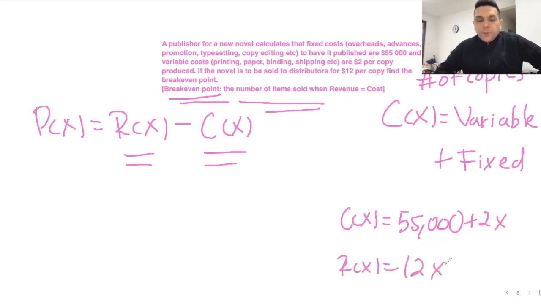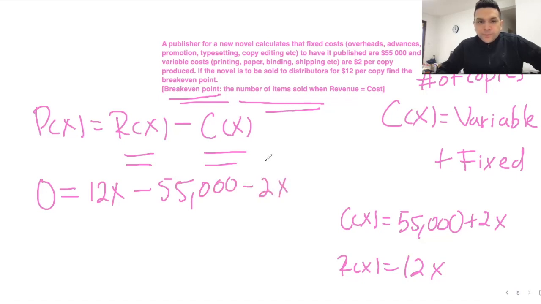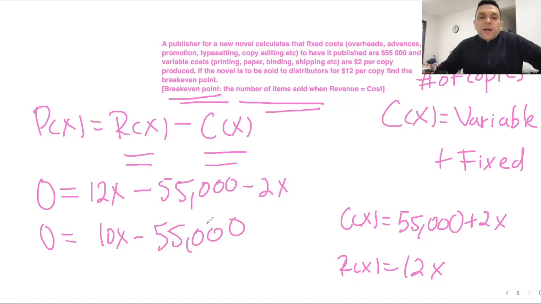Find the break-even point. So that's going to happen when profit equals 0, and then I have my revenue being 12x minus the costs, minus 55,000 minus 2x. So it'll be negative, and then I apply it to the whole expression, right? So I get 12x minus 2x equals 10x minus 55,000. And now I just have to isolate x, right?